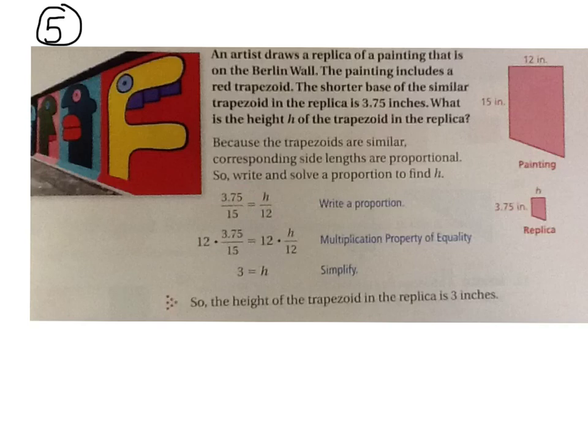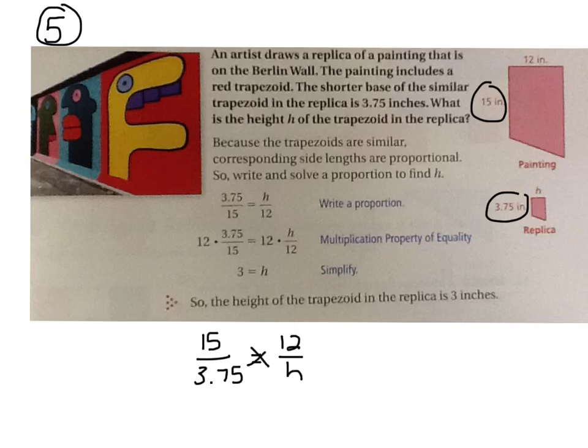Now that's one way to do it, but I want you to do another way. So this I want you to write down. Let's say you started with 15. You could say 15 over, well, 15 and 3.75 are corresponding, so we know they're proportional to side lengths 12 and h. So we could say 12 over h.